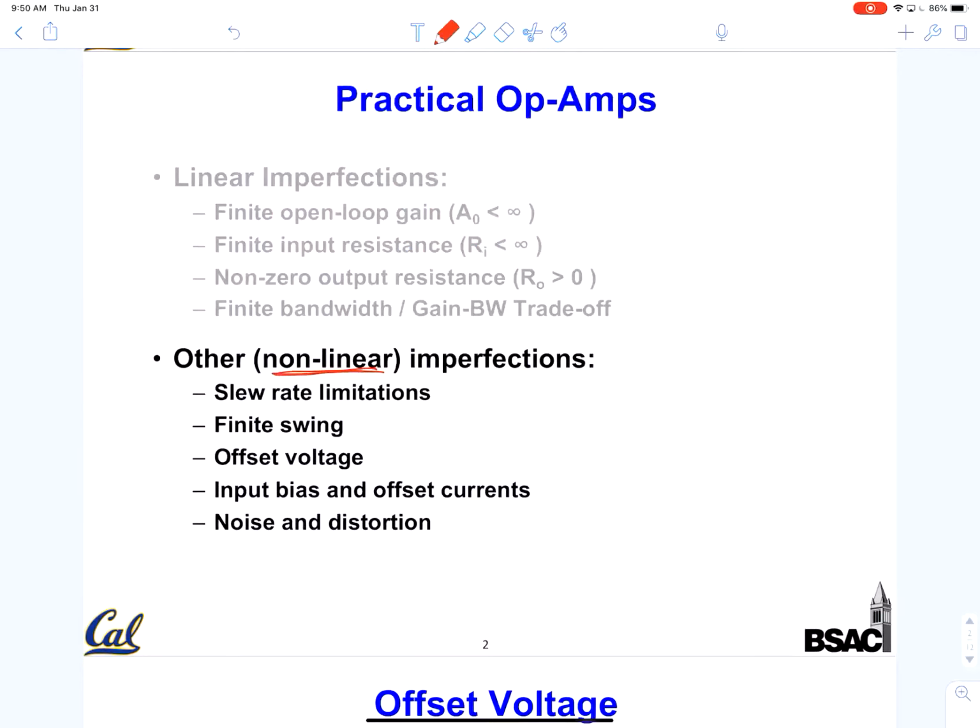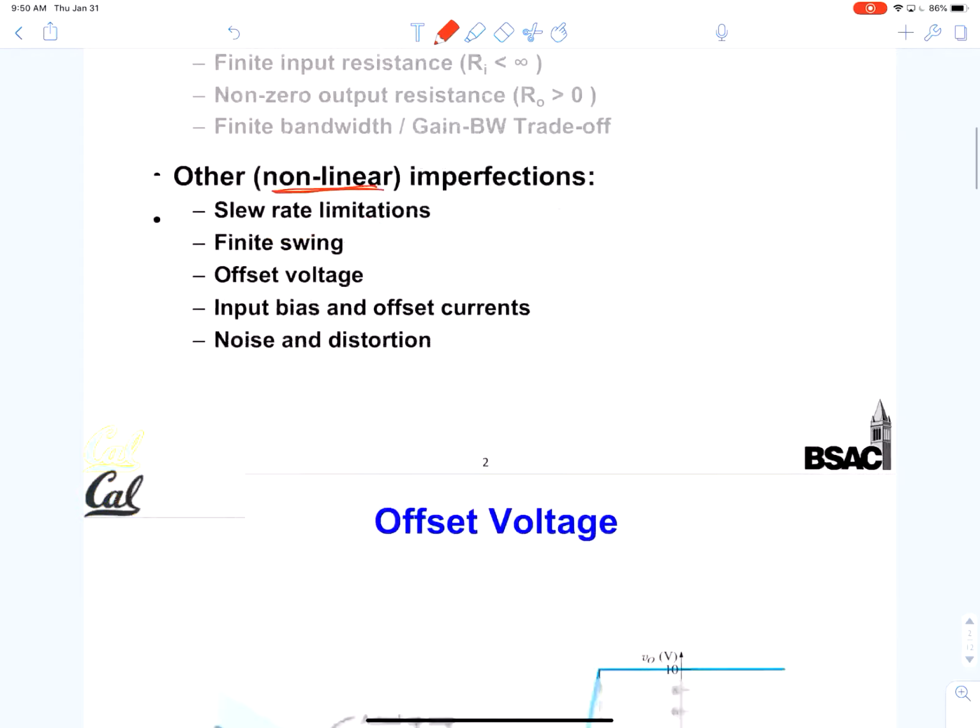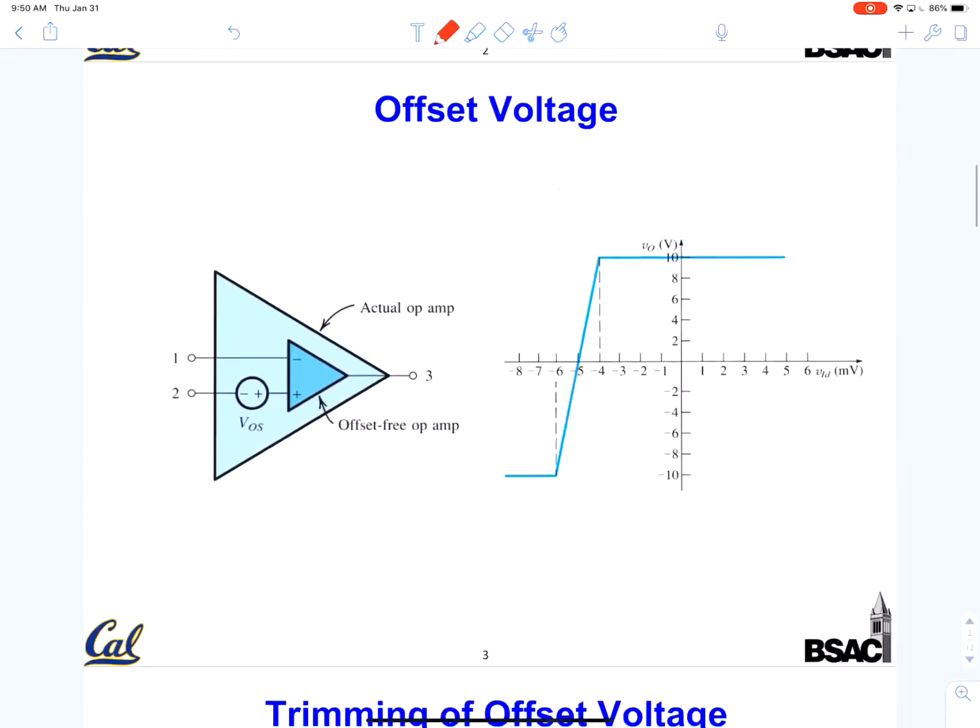This includes slew rate, finite output swing, offset voltage, input bias current, noise, distortion, and so on. In more brief discussions, we're going to go through all these different limitations and what the implications of these limitations are. Okay, so let's start with the offset voltage.